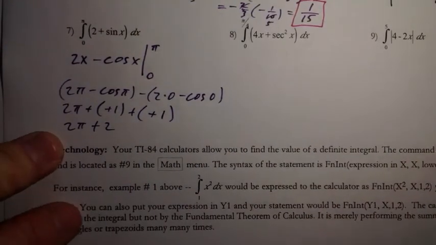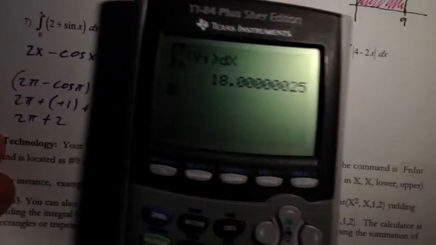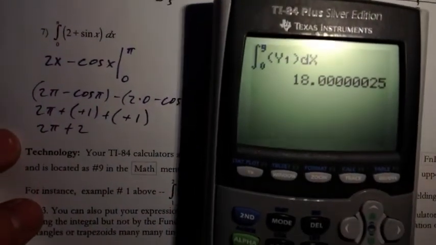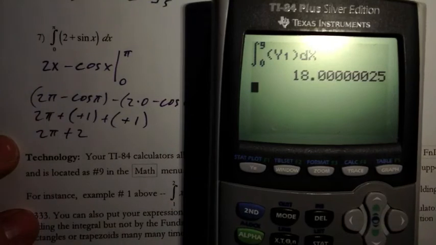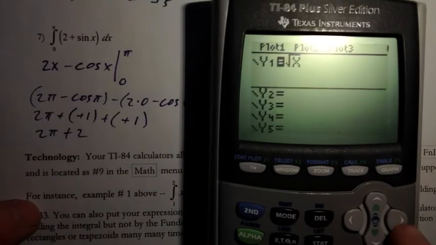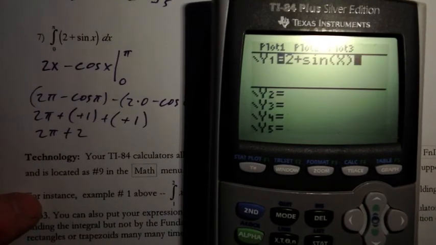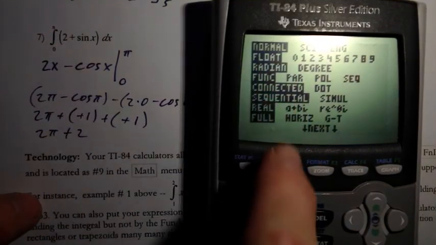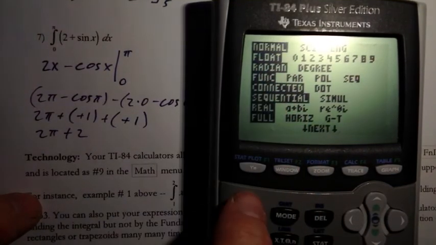Let me quickly do that on the calculator so I can confirm to you that what we got is actually the correct answer. If we substitute for the y1, we're going to type in 2 plus sine of x. By the way, anytime I do trig, I make sure that I have my mode selected as radian mode.